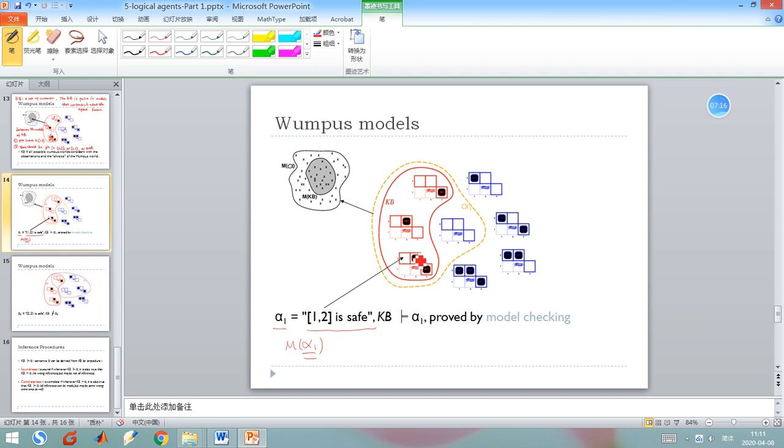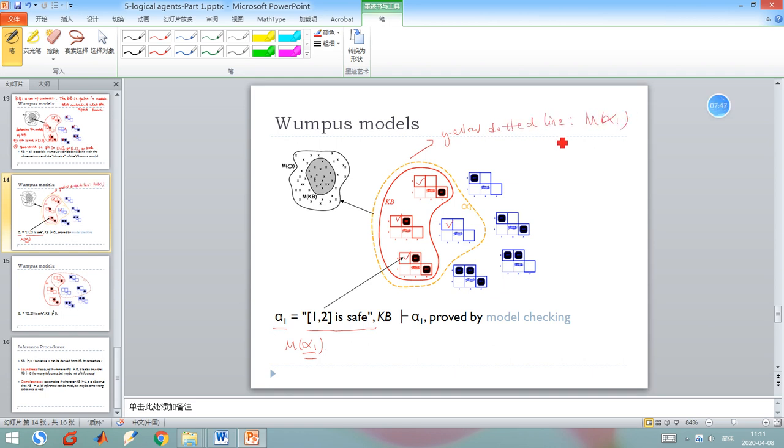We can find that in all these 4 states, there's no pit in square 1,2, so they are the models of alpha 1, surrounded by this yellow dotted line.